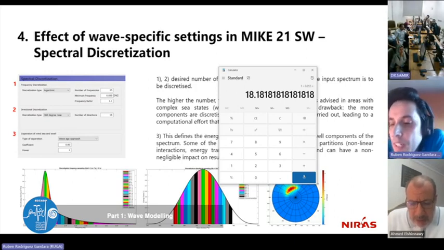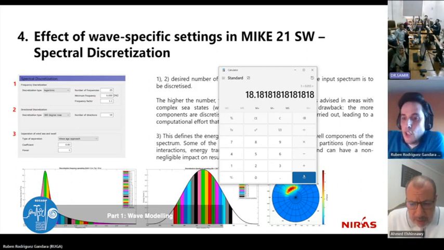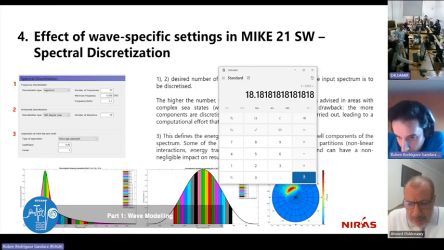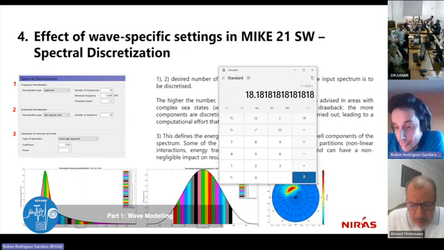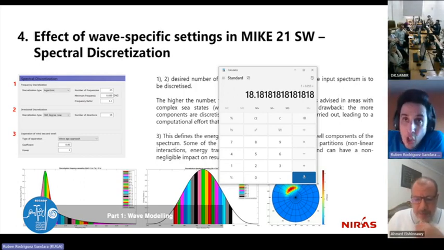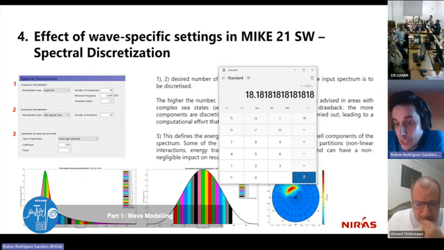Meaning that if you are in an area where you are expecting long swell, I mean waves with peak periods longer than 18 seconds, it is not common, but it's not impossible. In many parts of the world, for example in the North Atlantic, you can see waves of 20 or 21 seconds.